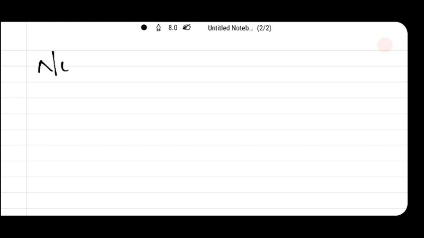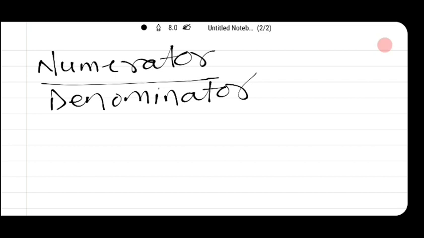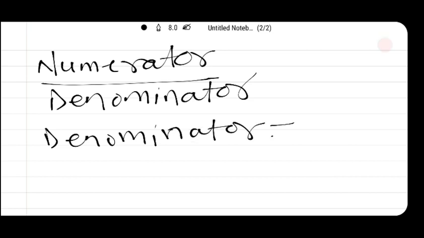So now the formula of fraction is written as numerator upon denominator, where denominator is not equal to 0. That means the value of denominator should not be 0. So write down. That means above we will write the numerator and below we will write the denominator.